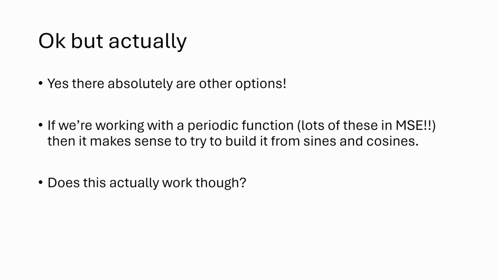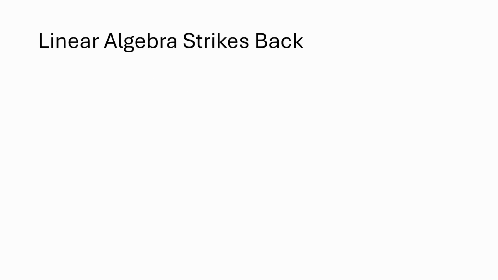And on the surface, I hope it does actually seem reasonable that if we're working with periodic functions, then saying that they must have some sort of sine and cosine content to them really should seem reasonable. The question of if it actually works is another question. So that's what we need to get into.